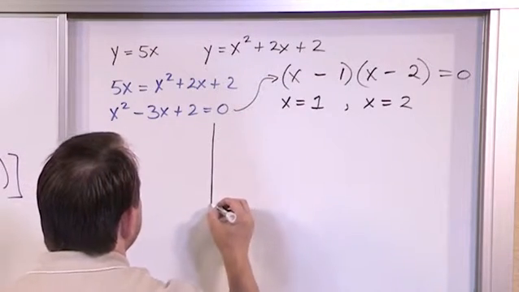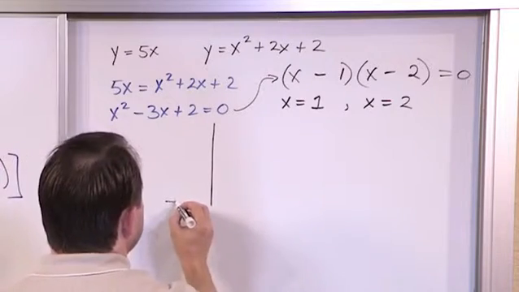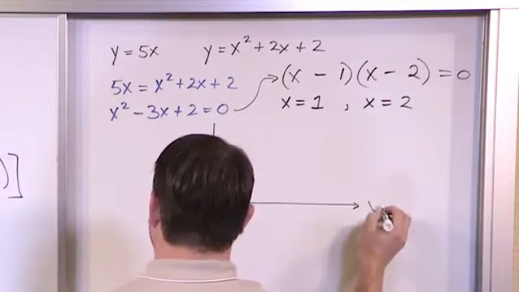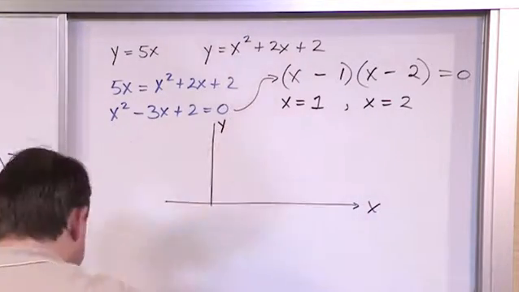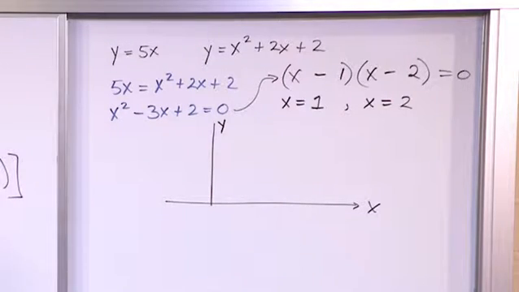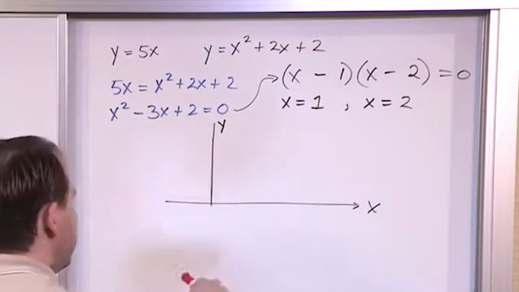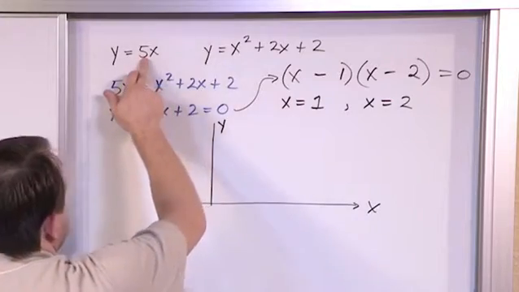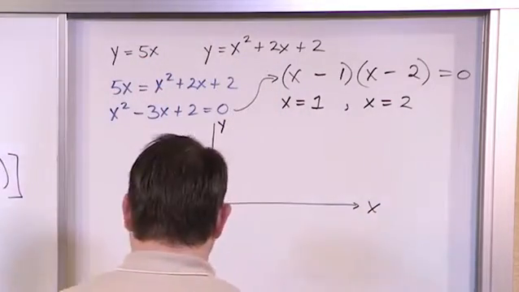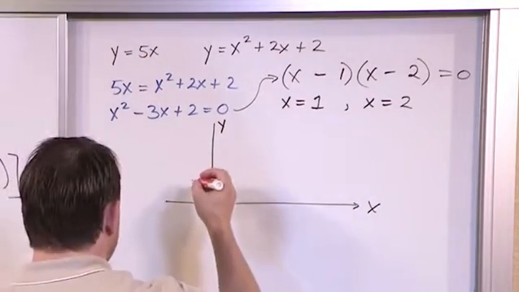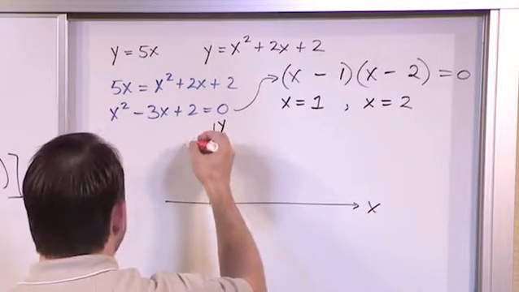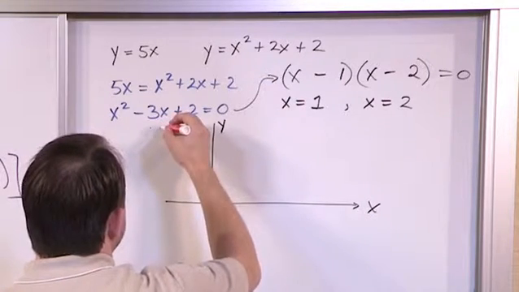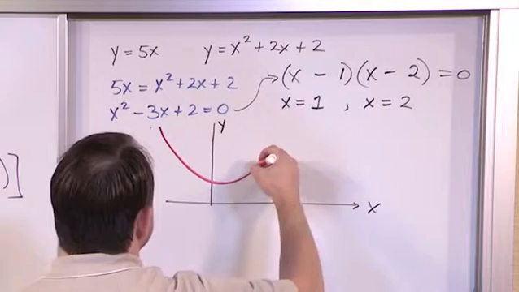So here is x and y. And let's just take a look at what it might look like. So what you have here is a line, and here you have a parabola. So it's not a huge surprise. What you're going to get is basically the parabola is going to look something like this.